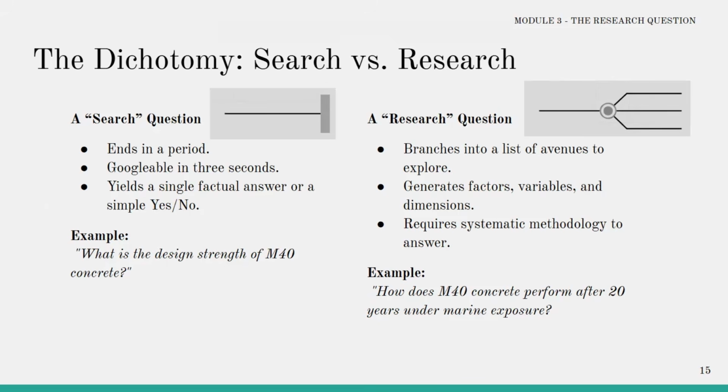What will be the strength after 20 years, but also it's exposed to a marine environment. So there could be many factors like salinity and corrosion, and many things could affect the strength. Each factor has a distinct impact on it. So it's a research question now. Many things can be explored here. Many questions could be answered here.